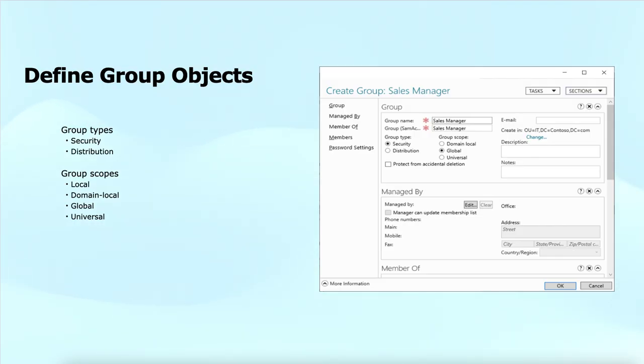Group scopes we have of different types. Local group scope, this defines the boundary. The local group scope means that the group is actually local. It does not have anything to do with the domain. Actually, it can be used in a workgroup environment also. In a domain environment, we basically have three options: the domain local, global, and universal.